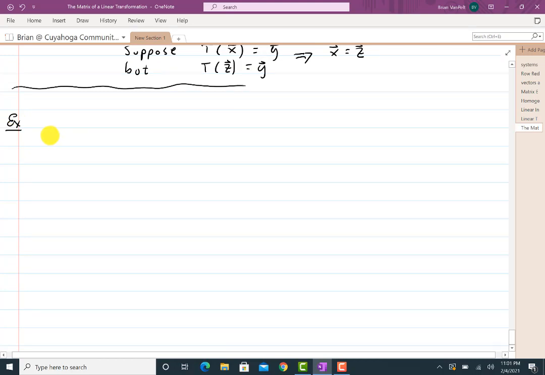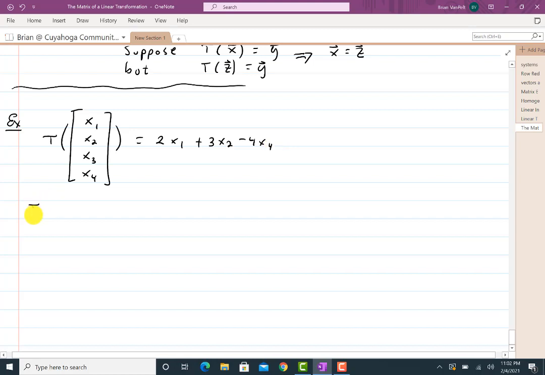Let's use that previous example, T of x1, x2, x3, x4. That was 2x1 plus 3x2 minus 4x4. Is this mapping 1-to-1? Well, actually, no. I sort of mentioned it in the previous one.